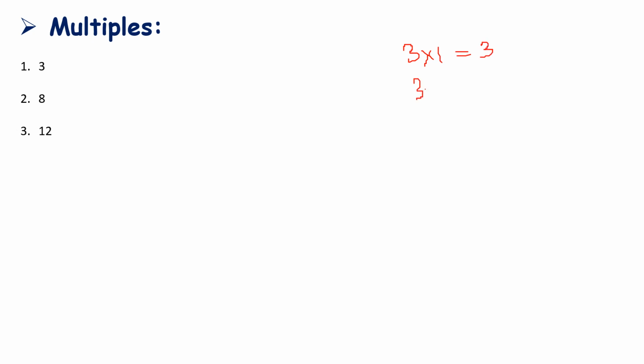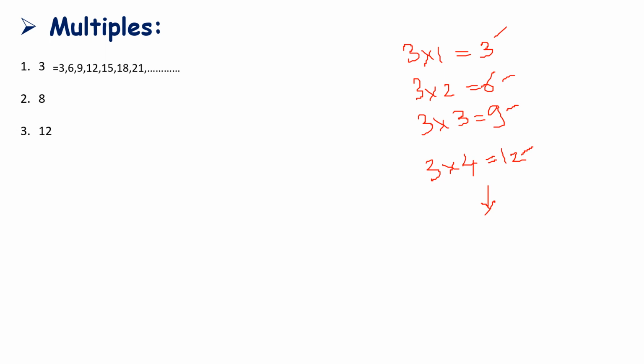Now let's understand what we mean by multiples. We want to find multiples for 3. We know 3 times 1 is 3, 3 times 2 is 6, 3 times 3 is 9, 3 times 4 is 12, and so on. So multiples basically mean the product.